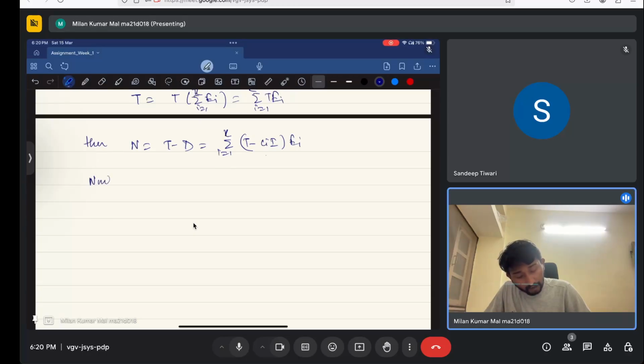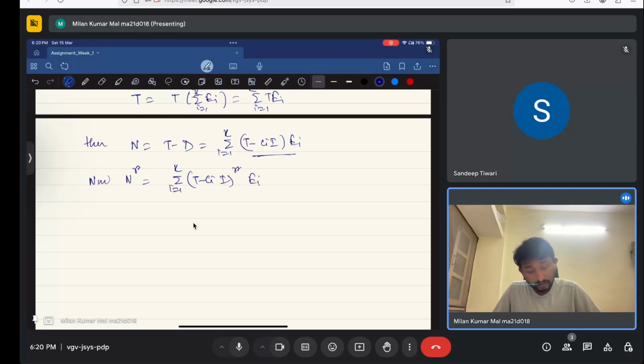This is a diagonal-like operator, but if I consider some power r, that will be the summation of (T minus Ci identity) to the power r, times Ei.